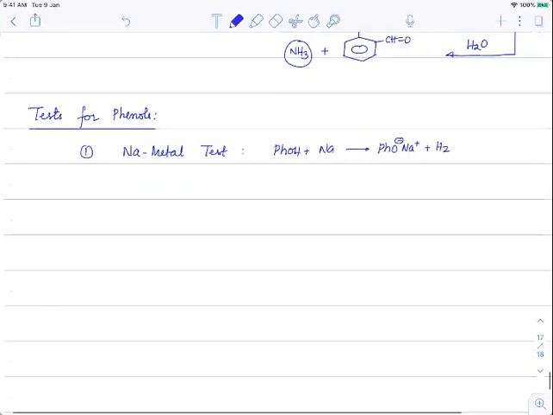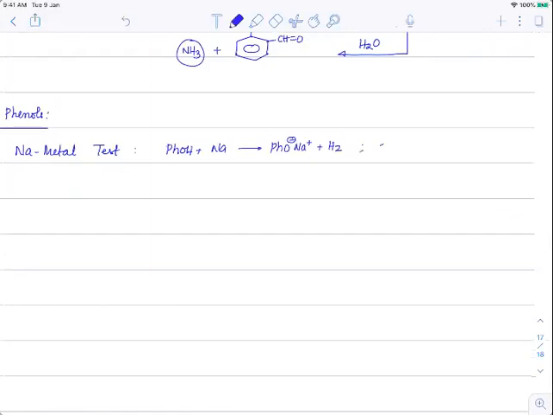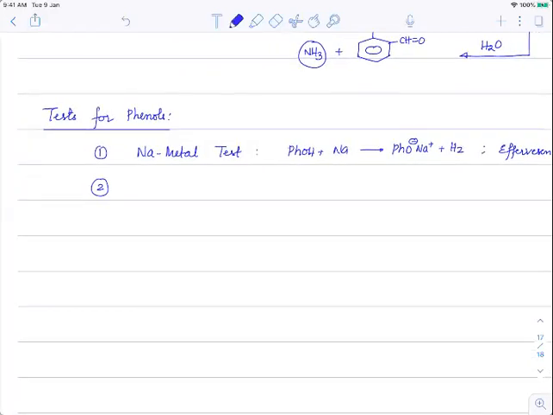So you will get H2. We can say effervescence of H2 is a test for hydrogen. Effervescence of H2 confirms that there is a phenyl group present on it.